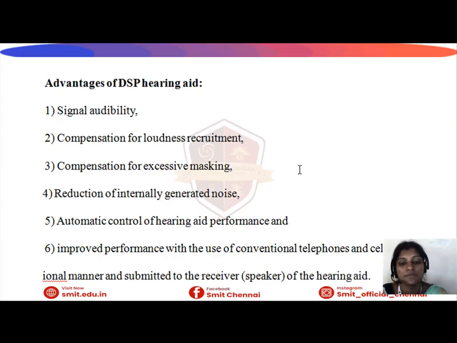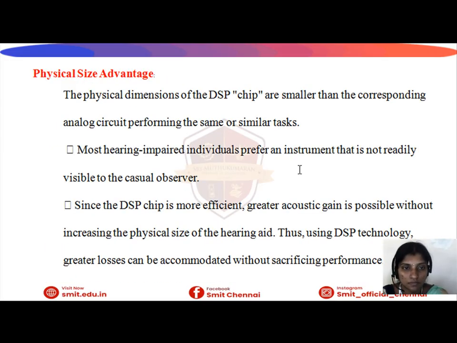Physical size. The main advantage of this DSP processor system is that the chip size is smaller, which is most important for hearing aid development. So most people will prefer DSP processed hearing aids, since the DSP chip is more efficient.